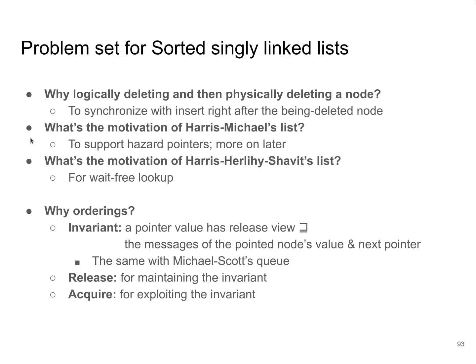The reason is that the most famous algorithm for memory reclamation for concurrent algorithms, which is called hazard pointers, only supports the Harris-Michael strategy. It doesn't support Harris's strategy. That's the reason why we also learn the Harris-Michael strategy for list traversal.